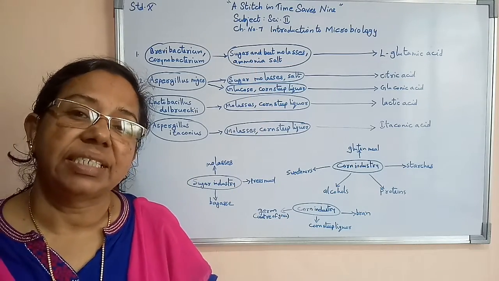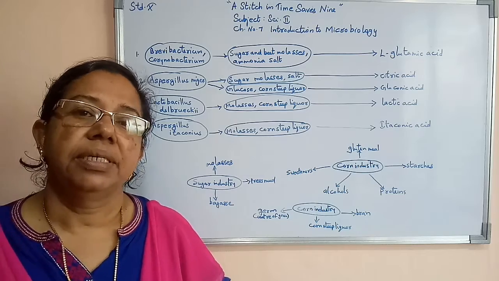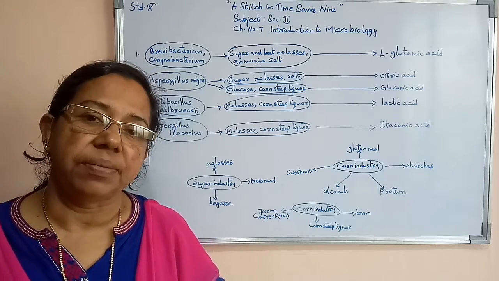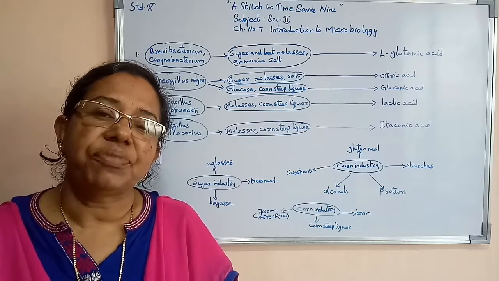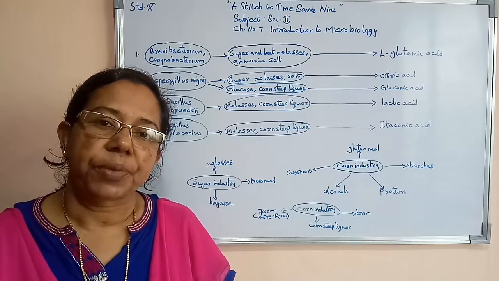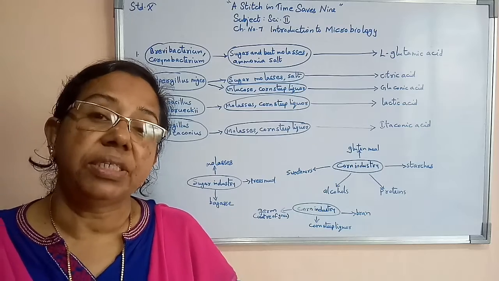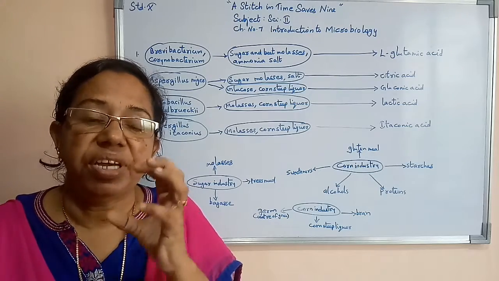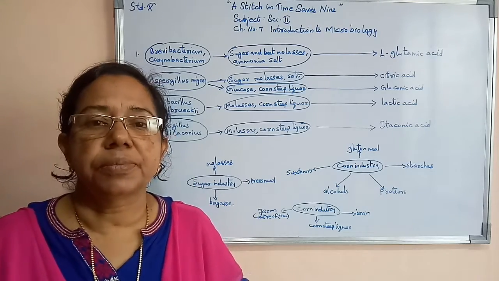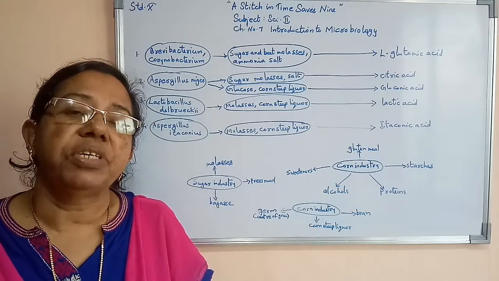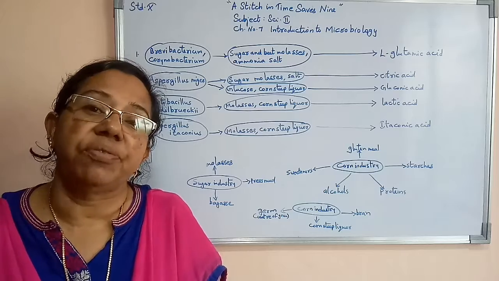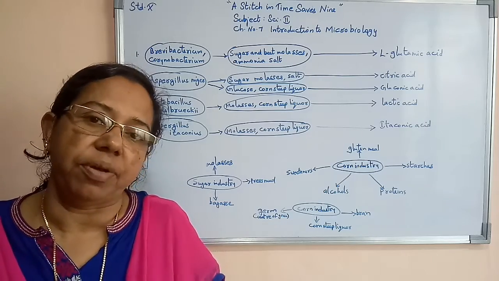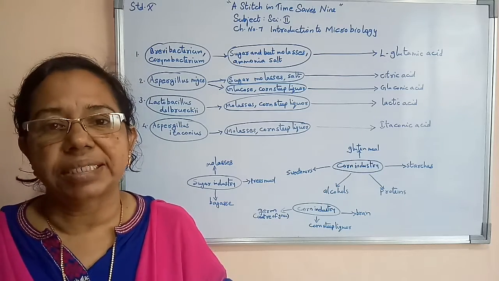Sugar molasses, that means in a sugar refinery, after separating the sugar, or after crystallizing or refining the sugar, a waste product, a very thick substance, will be there. A waste of the sugar. It will be a very dark, very viscous, very thick liquid. That is known as molasses.